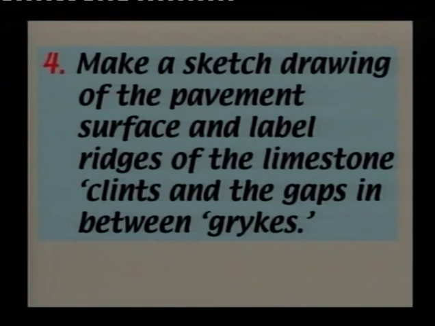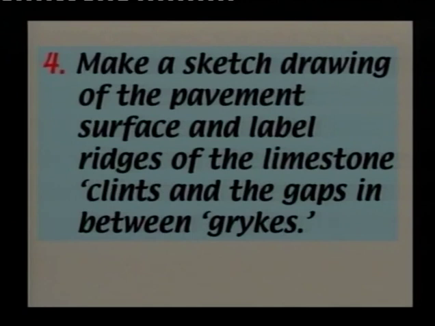When Noel gave us the answer for the surface of that limestone pavement, he said the pavement had a lot of gaps or cracks in between. So those blocks that are left standing, when you make a sketch, you label those as clints.